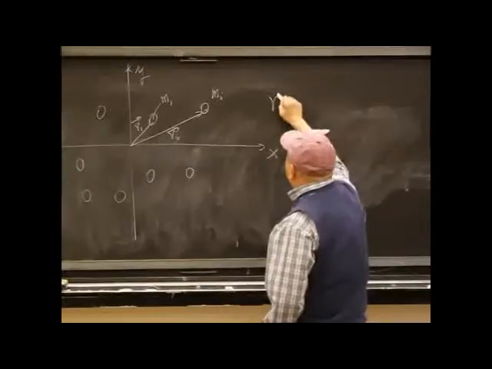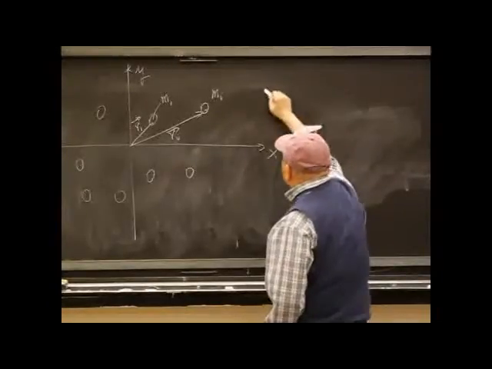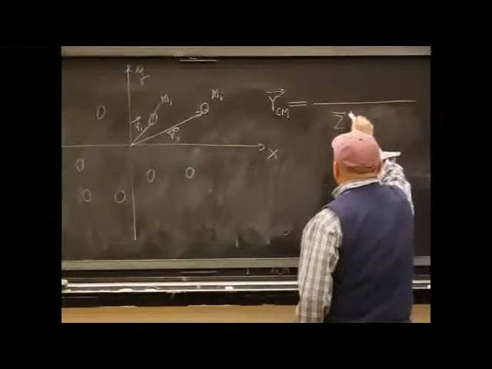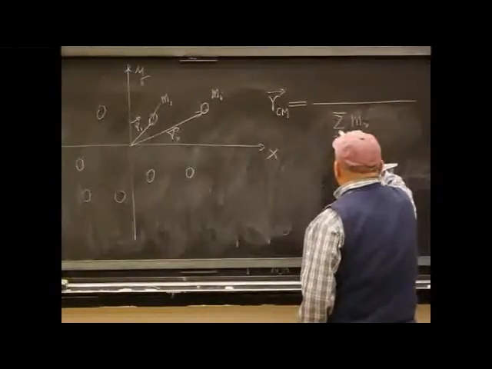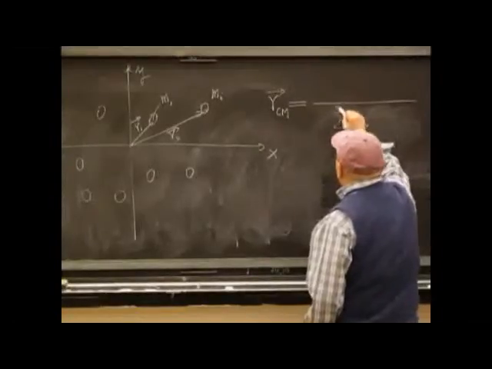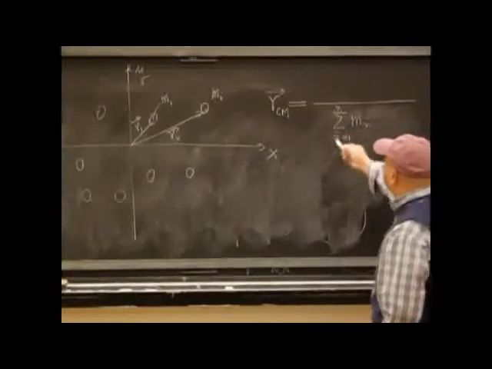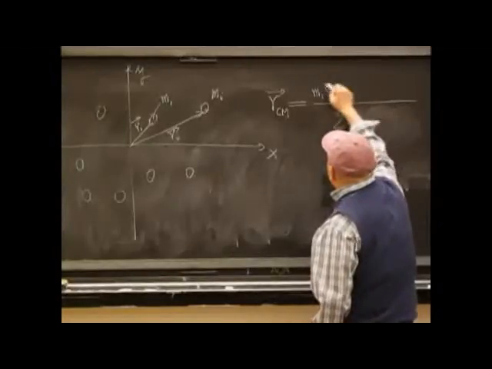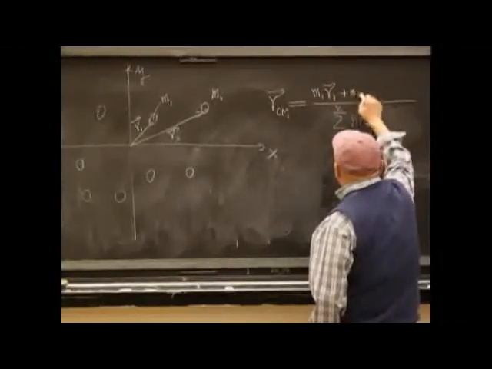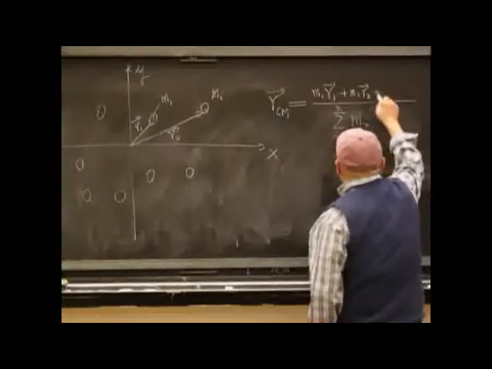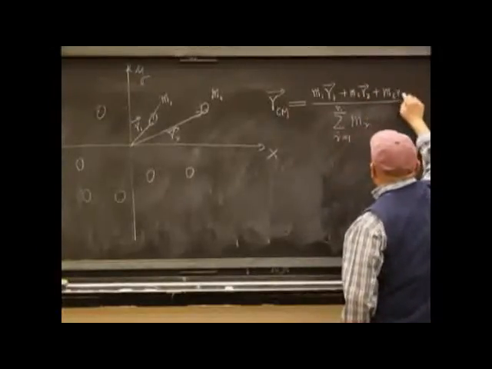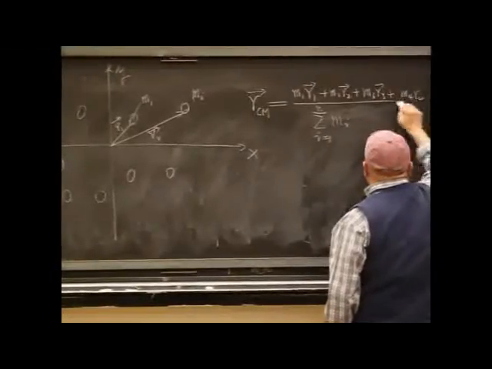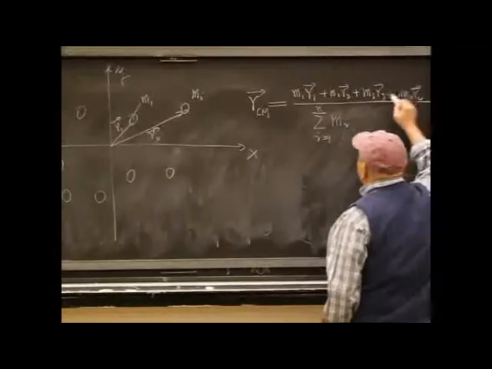The r center of mass in vector form is equal to the summation of mi ri, i equal to 1 all the way to n, divided by M. That is m1 r1 plus m2 r2 plus m3 r3 plus m4 r4, like this.